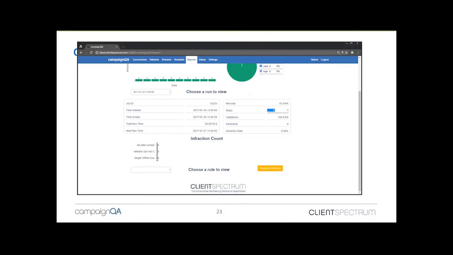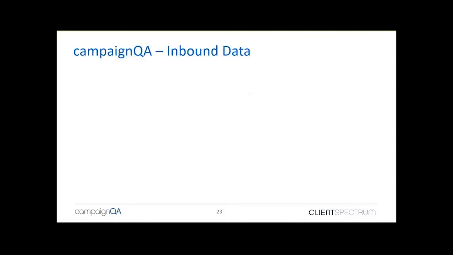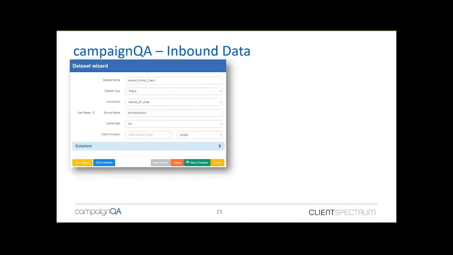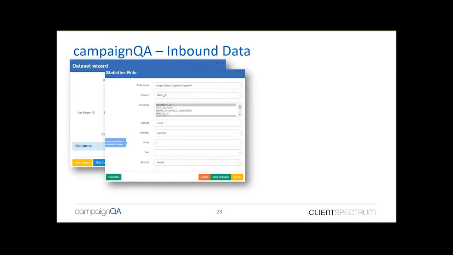So this is the concept of monitoring and staying on top of your Interact data to make sure that errors aren't creeping in. And it can be adjusted over time, adding new rules to make sure that you're aware of what's going on and monitoring your system. So again, the 1, 2, 3: we load a data set that references some inbound or outbound data. We generate some rules to run against it.